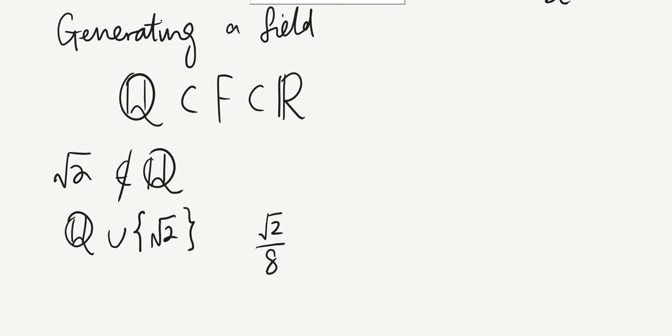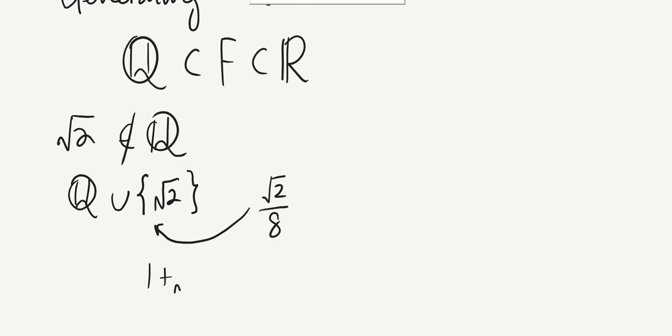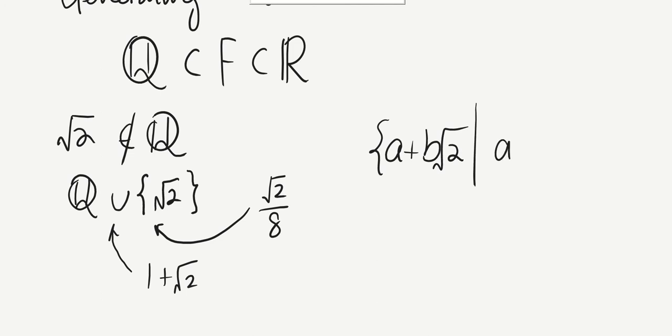Like if square root 2 over 8 is not inside the set, let's just add it into the set. And if 1 plus square root 2 is not in the set, let's just add it in. So in the end, we get to generate a field in the form a plus b square root 2, such that a and b are rational numbers.